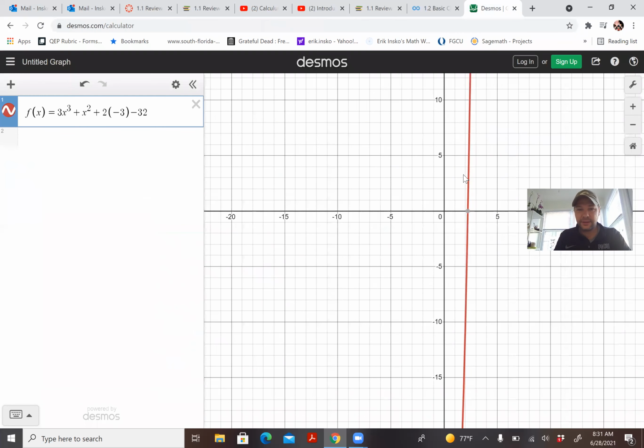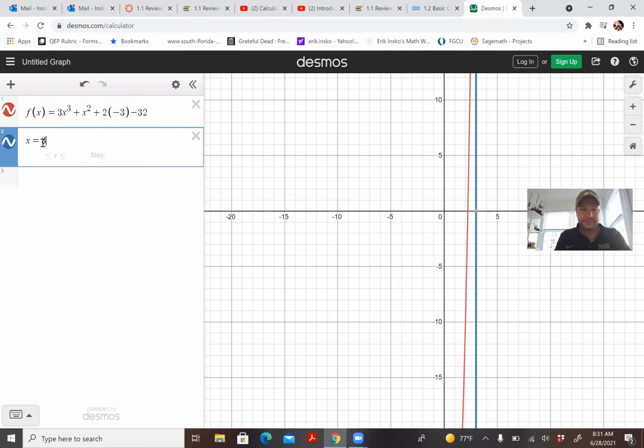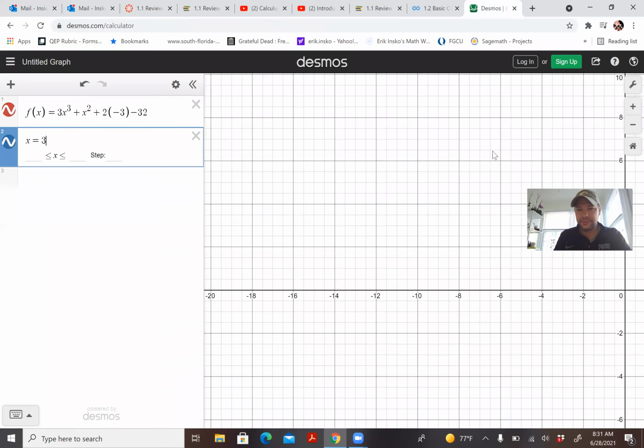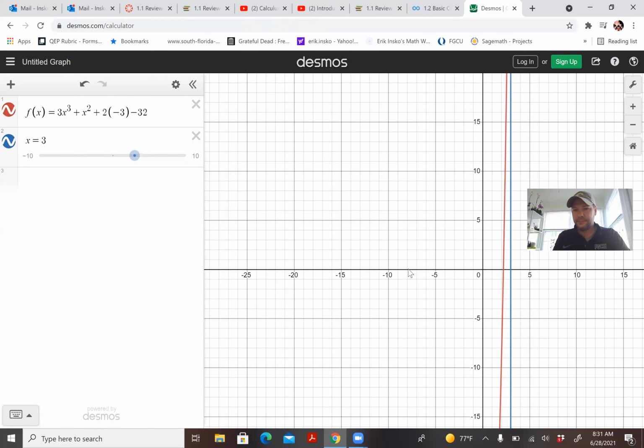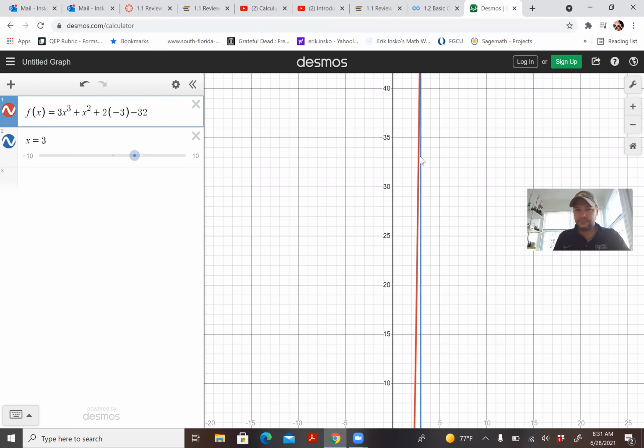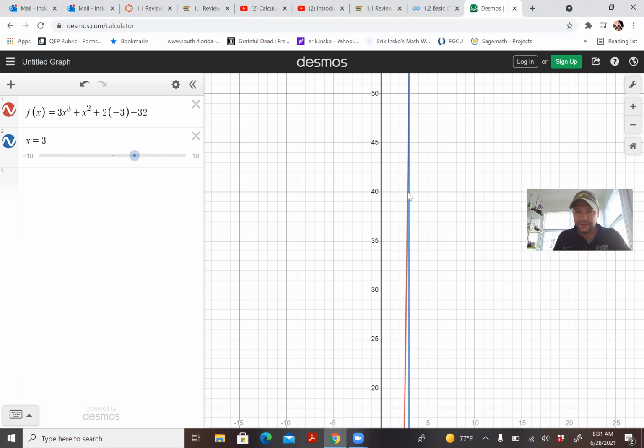I could have graphed it. And then if I wanted to know what's going on at x equals 3, I could have graphed x equals 3 and highlighted this on Desmos and found the intersection point.